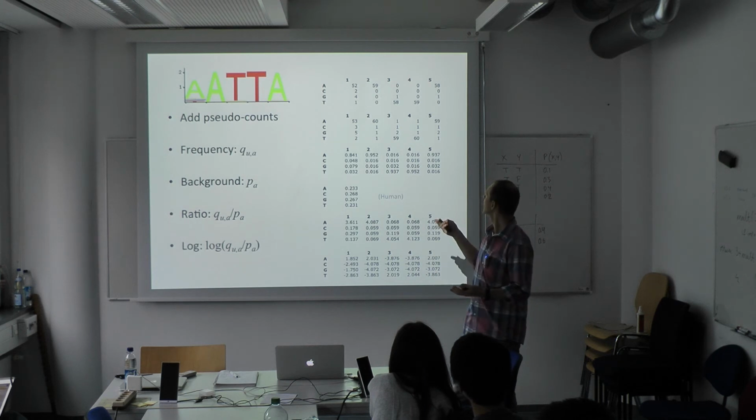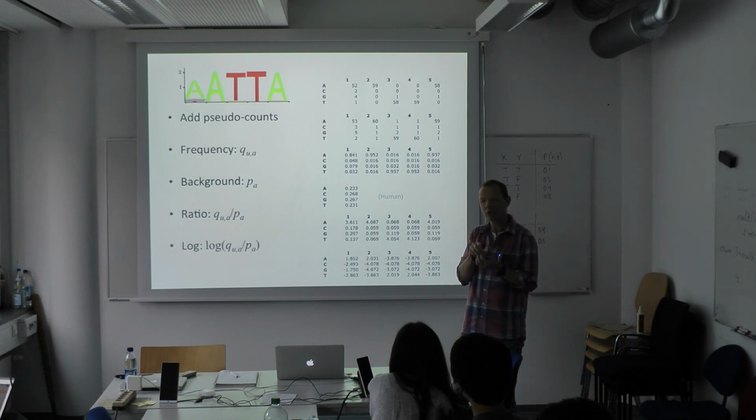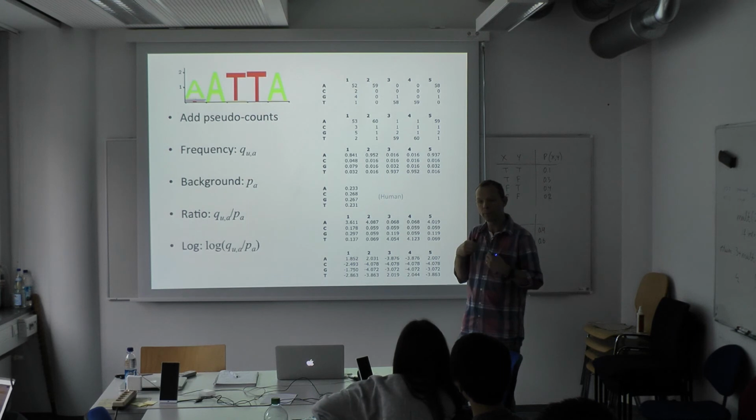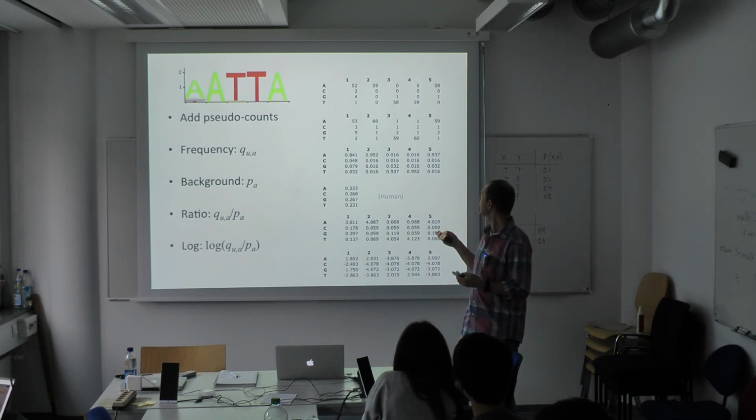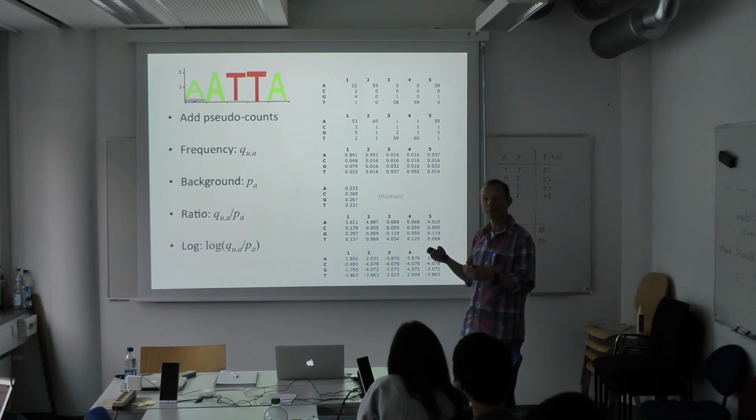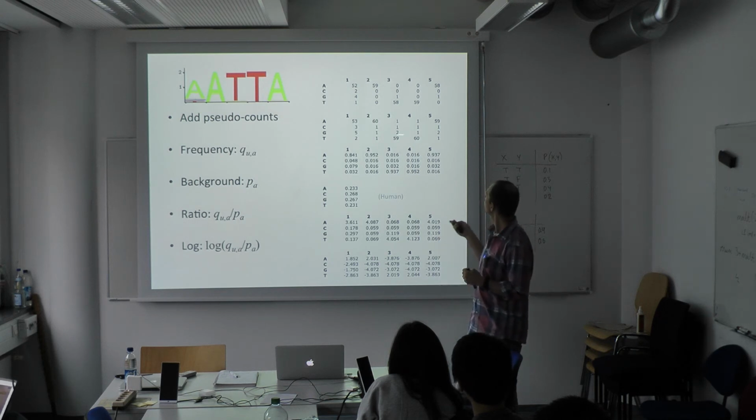In which case the effect would be quite dramatic if we only included A there, with 5 counts and nothing else, because we have such a small sample to make any inferences of parameters from. So it's a good idea to introduce this background frequency. It's like a prior, if you like.